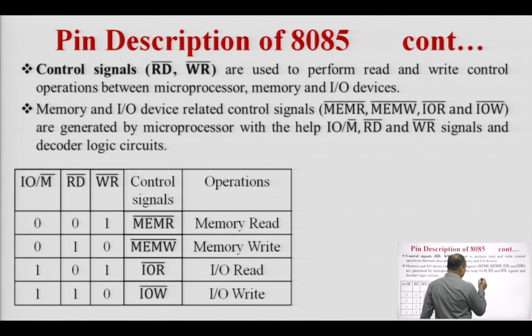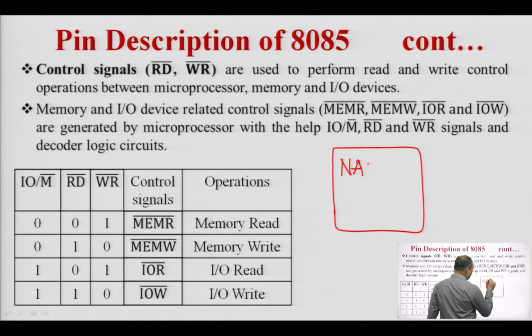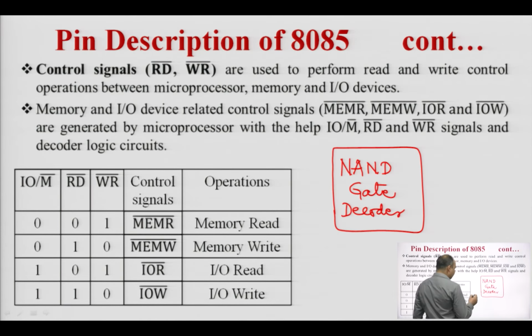Here the decoder logic is called the NAND gate decoder. The microprocessor uses the input output or memory signal, then the read control signal and write control signal.